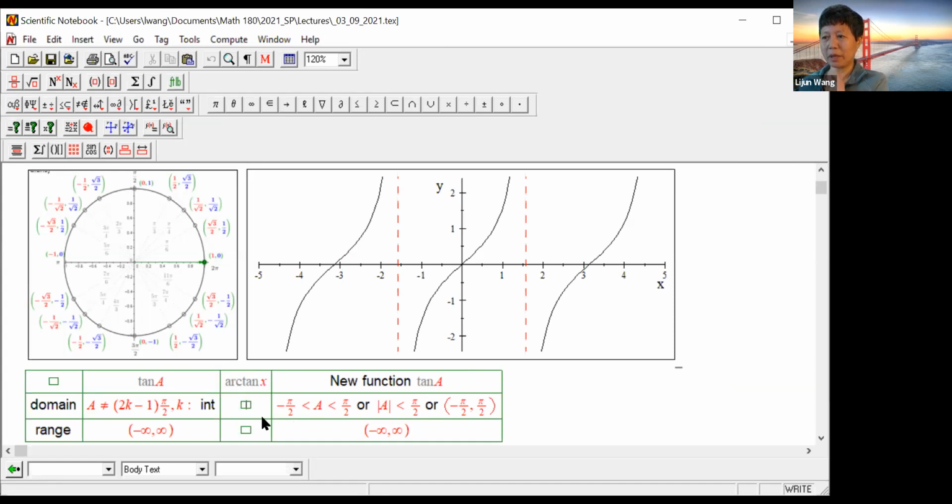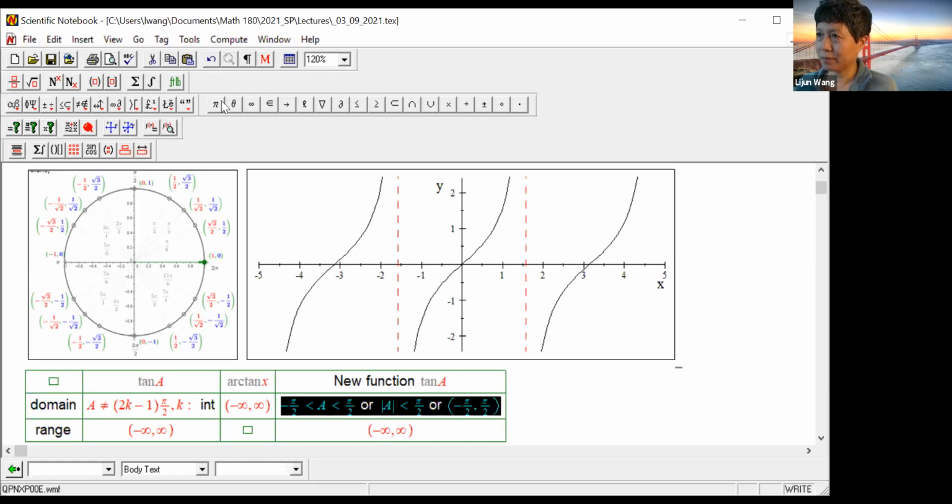Now, what will be the domain and range for arctan? What will be the domain and range for arctan? Domain is all real numbers, and then the range is negative pi over 2 and pi over 2. Perfect.